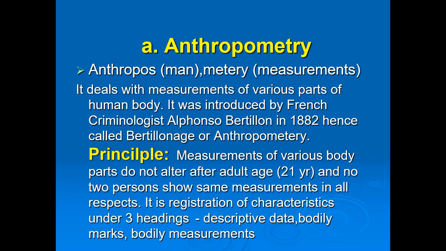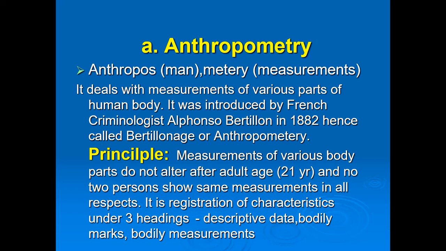Identity can only be determined when we know how we can separate a person from another person. What is the unique feature of that person which is different from all others? So this is identity.